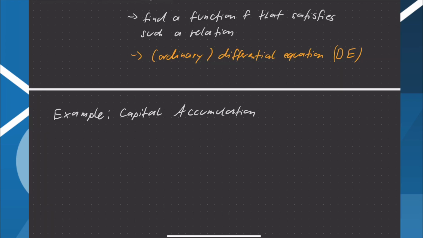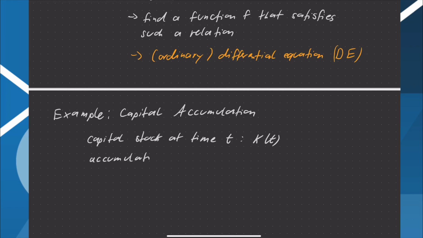Okay, so we'd start with a very simple example here. Let's say we have a capital stock at some time t, and we are going to denote this by k of t. Then we have what we just call the accumulation rate.